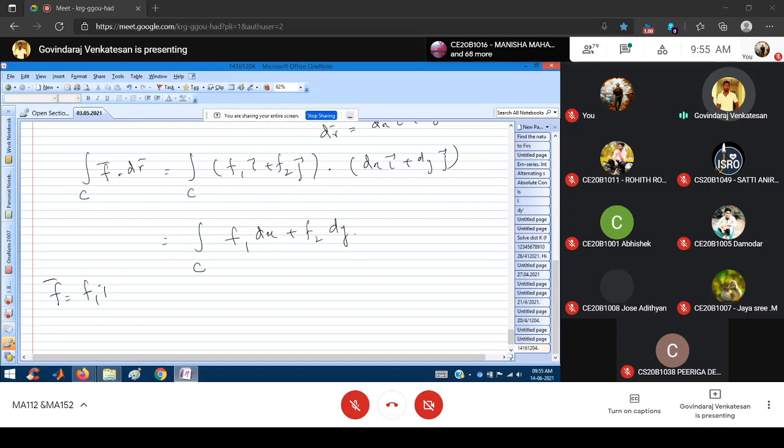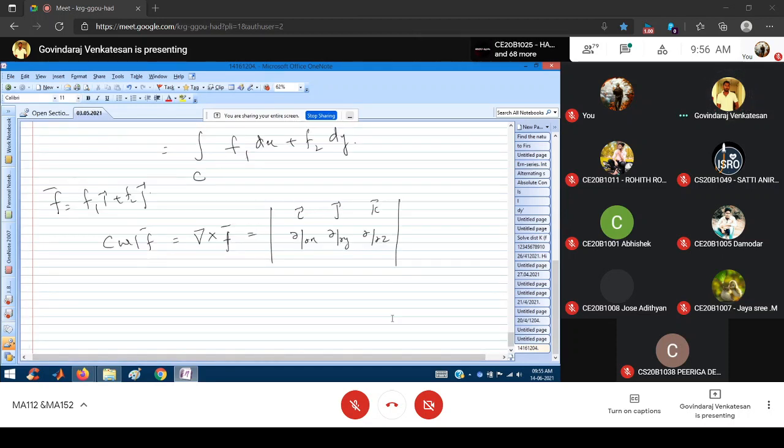Now our f is only f1 i vector and f2 j vector. So what is the curl f? How to define the curl f? Curl f is the del operator cross product with the vector f, which is nothing but the determinant of i, j and k; dou by dou x, dou by dou y, and dou by dou z; and the function f is f1, f2, there is no z, so that's why 0.